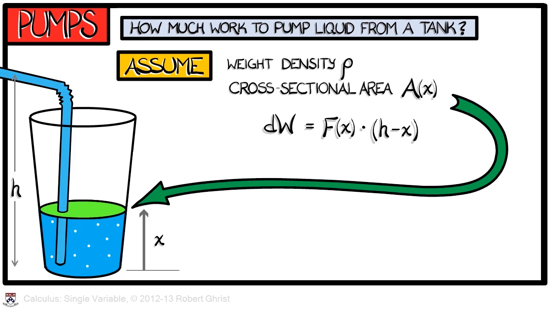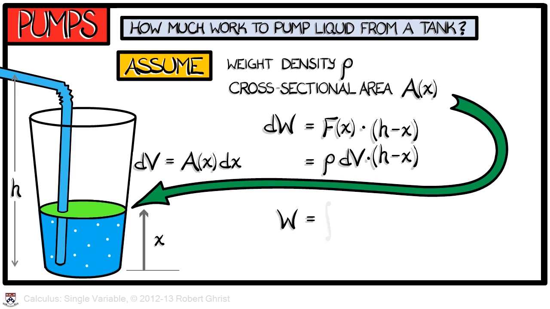That's how high against gravity we have to move it. Now, what's the force in this case? It's the weight density, rho, times the volume element, where the volume element is equal to what? Well, the volume element, as we know, is the cross-sectional area, A of x, times the thickness, dx.